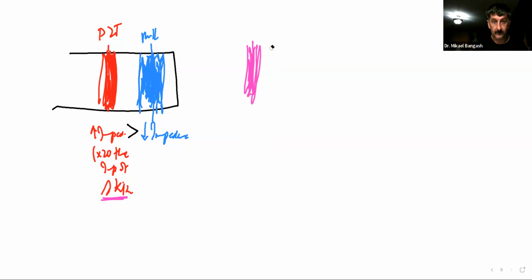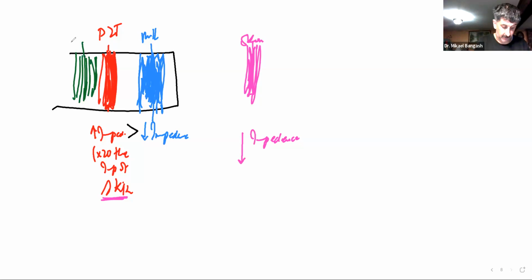Right, so we say this here, plus skin, is going to have an even lesser impedance. But what we also have, in imaging transducers, right, is what we call the backing material.